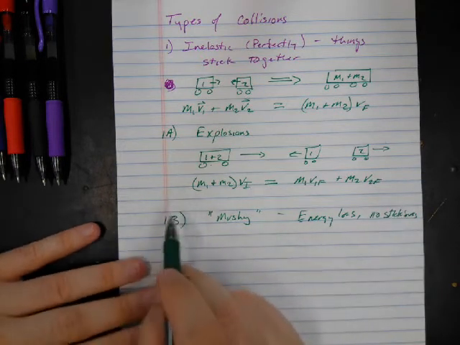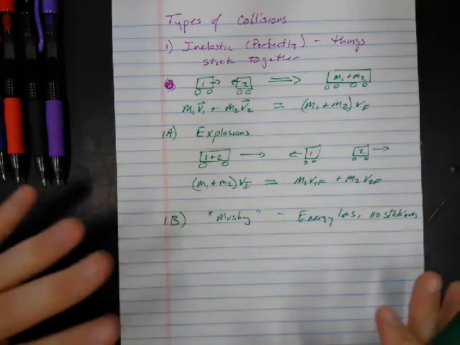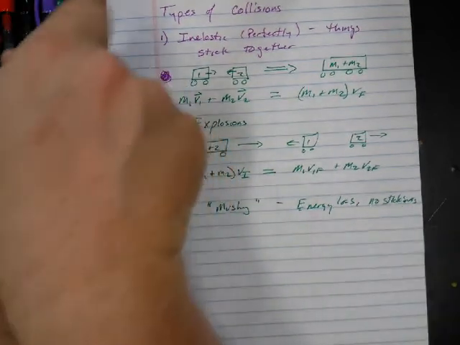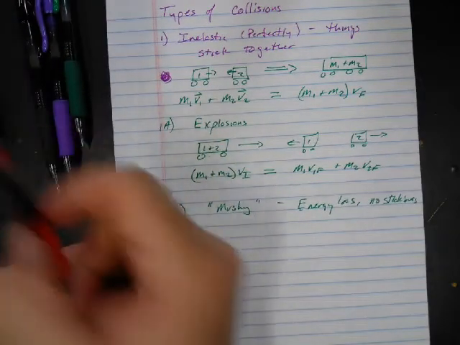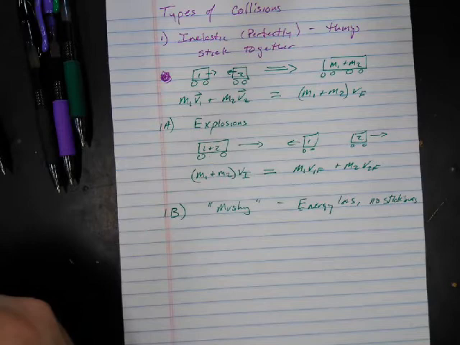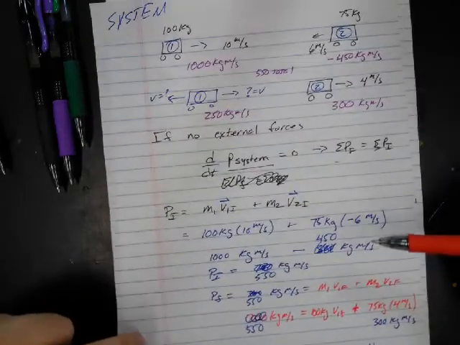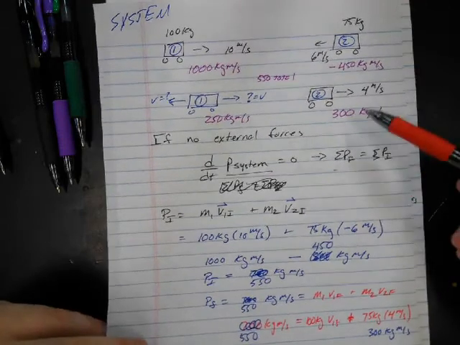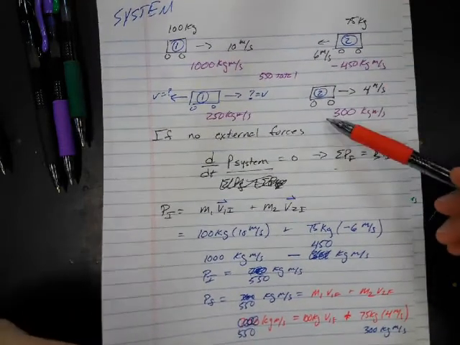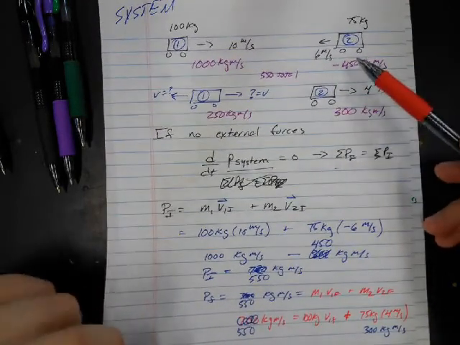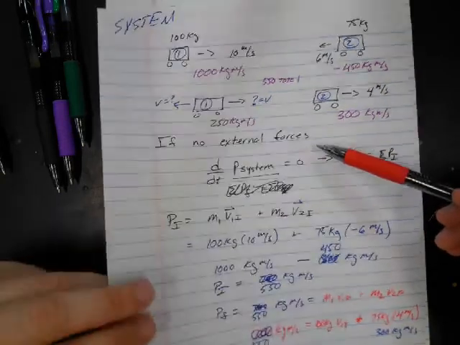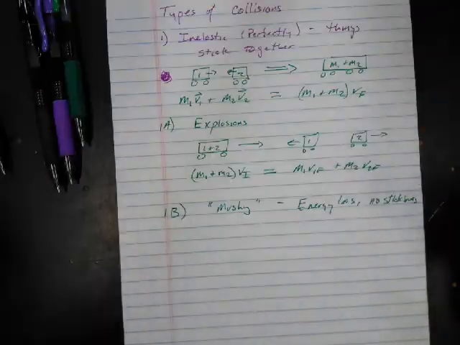All right. So this is just arbitrary collisions here. I'm not going to draw that out. The gist of it is, it's an example like we just worked through in the last video. This is a mushy collision. We know it didn't stick together, and we know the momentum's conserved, but we don't know anything about the energy.